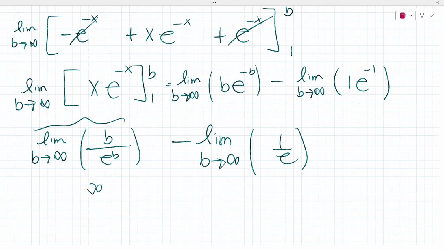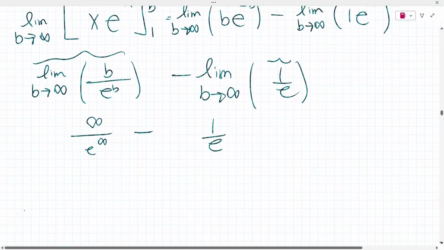So that's going to be infinity over e to the infinity, minus, be careful, this 1 over e, there's no letters. 1 over e is a constant. So what is the limit as b approaches infinity of a constant? It's just that constant, so this is going to be 1 over e.